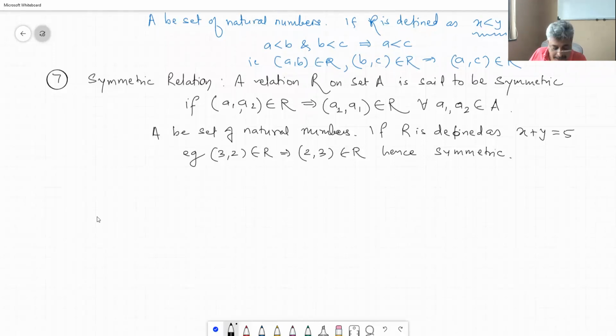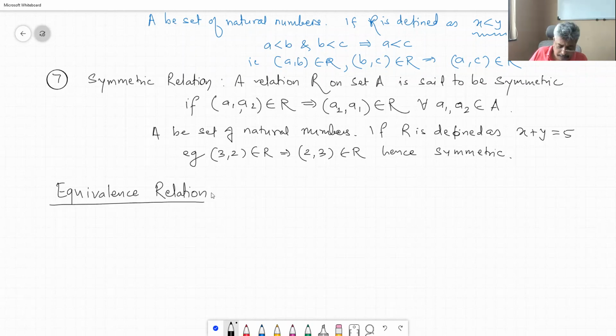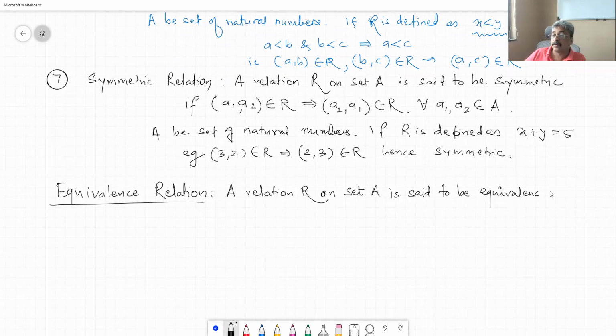Last one. Equivalence relation. A relation R on set A is said to be an equivalence relation if R is reflexive, symmetric, and transitive.